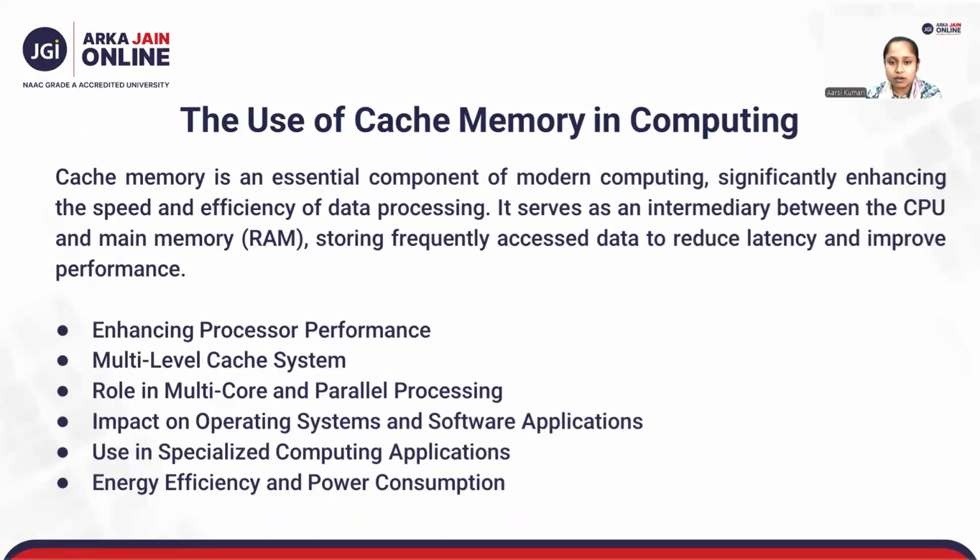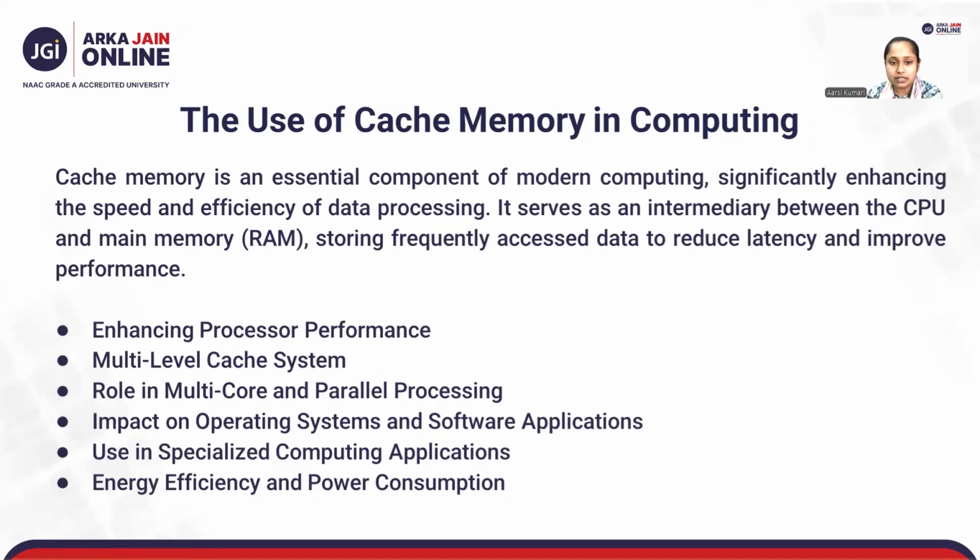Web browser caching: web browsers cache frequently visited websites, images, and scripts to reduce loading time and bandwidth usage. Database caching: databases use caching to store query results, reducing access time for repeated queries and improving responsiveness in high traffic applications. Virtual memory and page caching: operating system memory management utilizes caching to optimize access to virtual memory, improving system responsiveness.